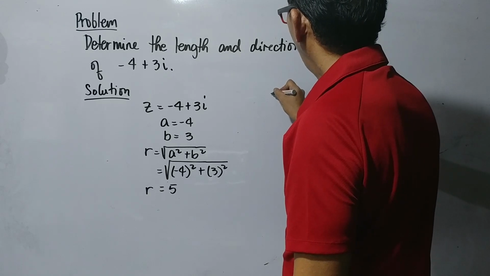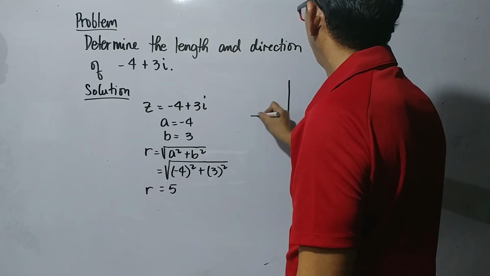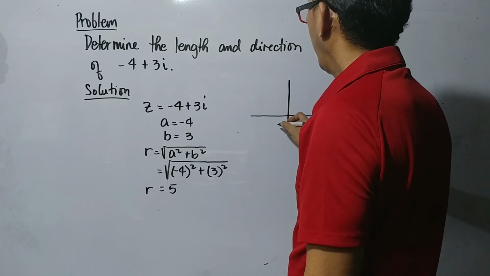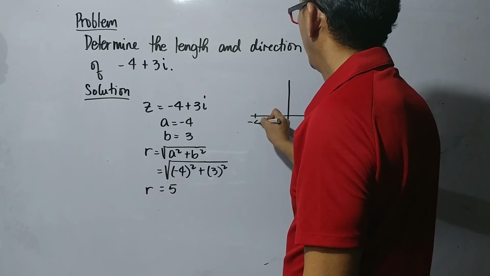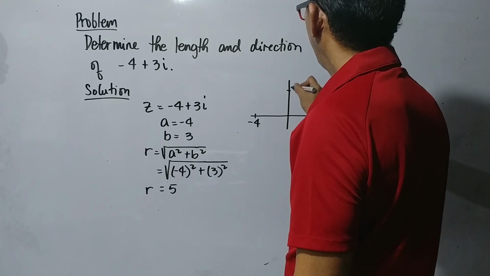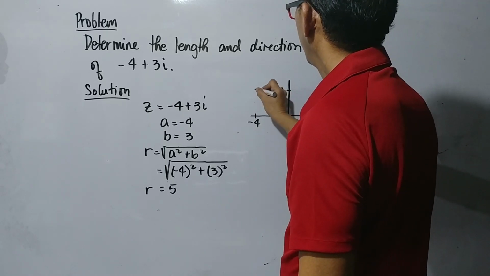If you graph the problem, our a is negative 4 and our b is 3. So this is it.